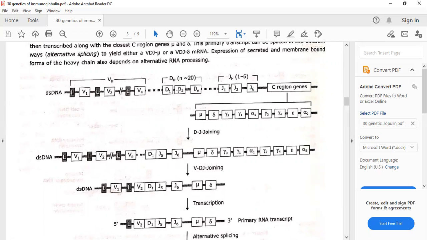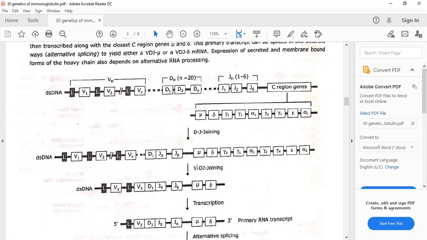So this portion will be completely cleaved out, leaving only the D1 portion. In the next region, J1, J2, J3, J4 are not required, so they will be cleaved, making a J5, J6 complex. Okay, so J5 and J6 are here.